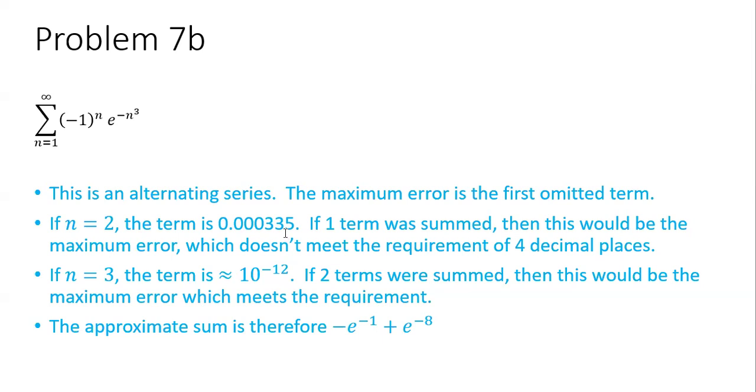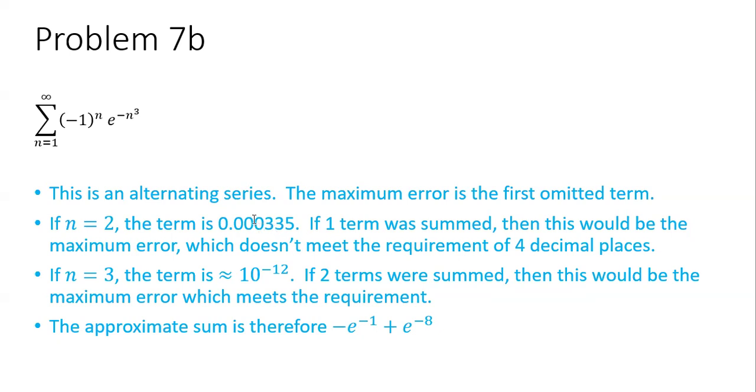So since we know for alternating series the maximum error is the first term omitted, if we only sum up the first term, n equals 1, the maximum error would be this one right here, 0.000335. The problem requires a precision of 4 decimal places. This is not quite there yet, because it's accurate to around 3 decimal places, right?